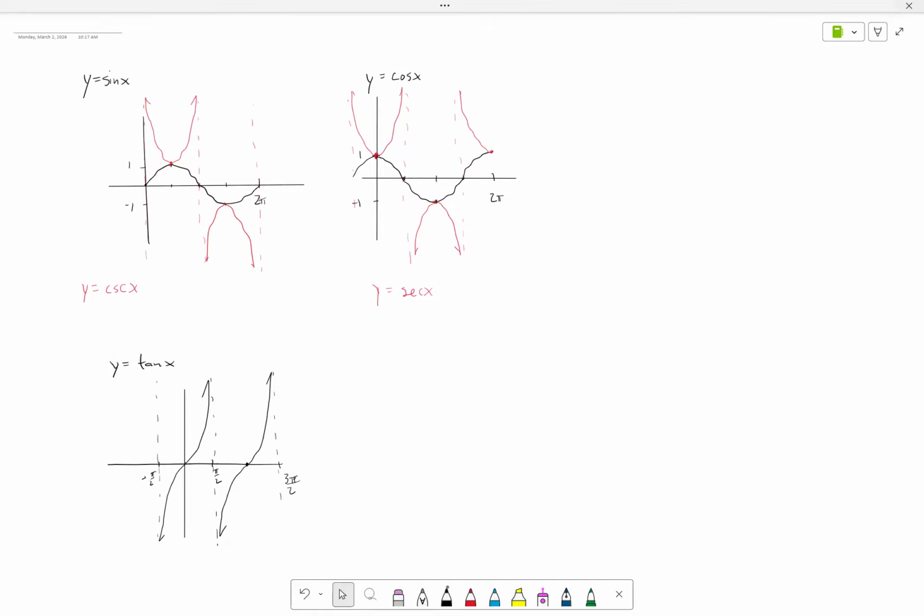Does it have vertical asymptotes? Yes. Where? You're right, 0 and pi. Are we good with that?